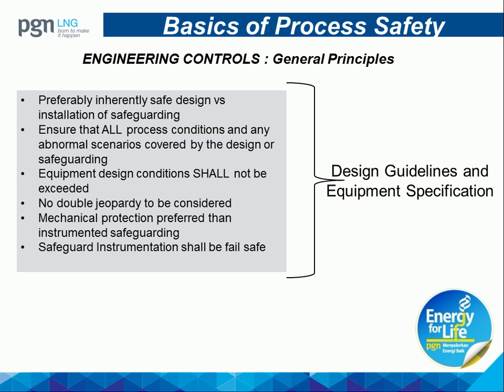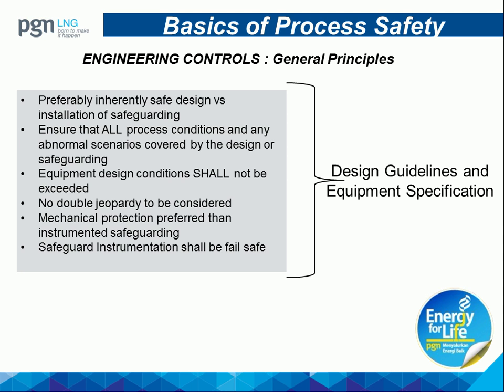That's one of the examples. There are a lot of things that you can find on this inherently safe design, but sometimes it's too costly to do that, or it is technically impossible as well. So as engineers, we need to choose which one is the best for specific things.